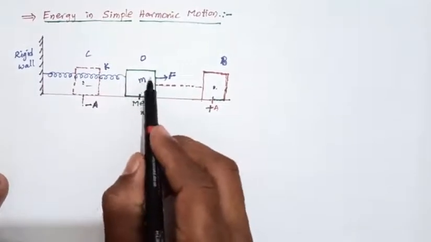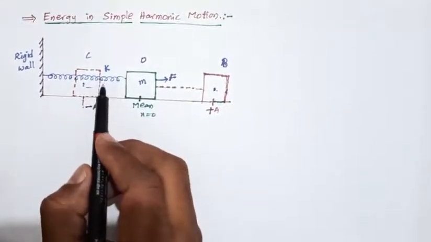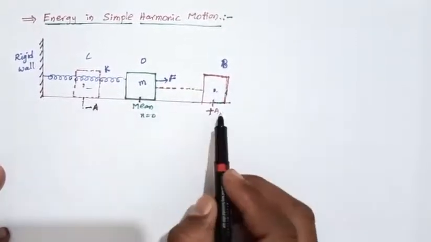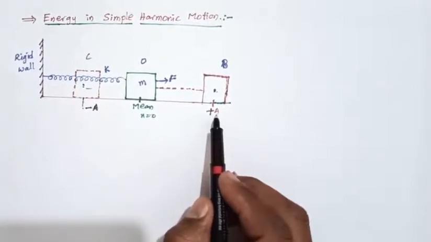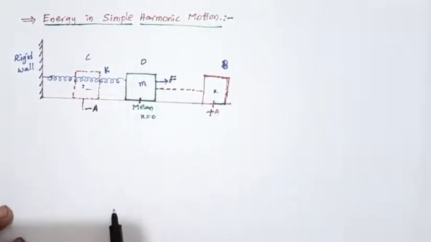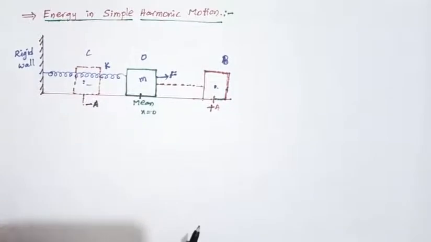The mass of the body is M, and the spring constant is K. At the extreme position the displacement is capital A, the amplitude of the simple harmonic motion. At the mean position the displacement is 0.